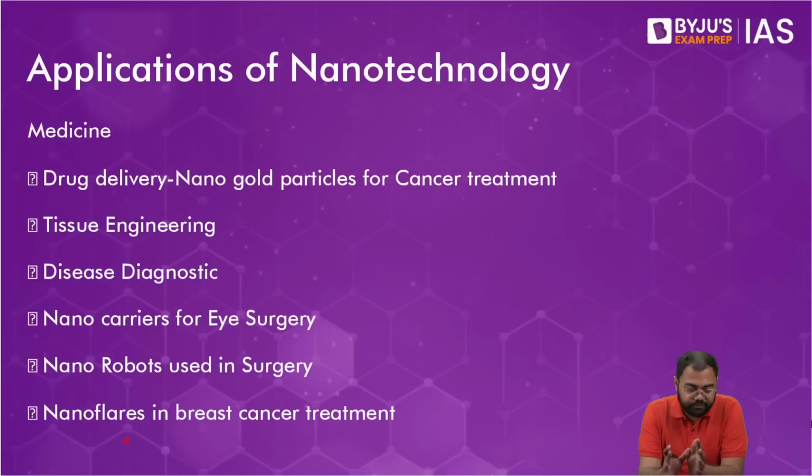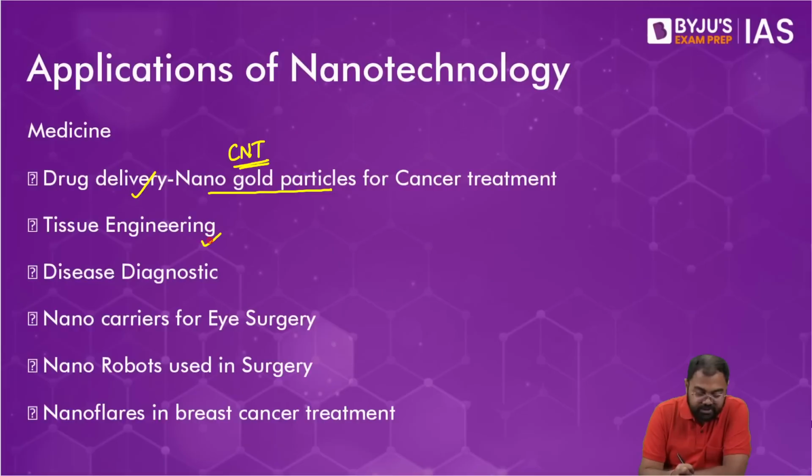So for example, we have the medical field. Now, in the medical field, we discussed drug delivery. So in drug delivery, we can make use of gold nanoparticles. Apart from that, we discussed that we can even use carbon nanotubes for doing the same. In tissue engineering also, we discussed that carbon nanotubes can be used. In disease diagnostics also, we see that we can make use of carbon nanotubes in many cases. Then, in making nano carriers for eye surgeries, also we can make use of them.